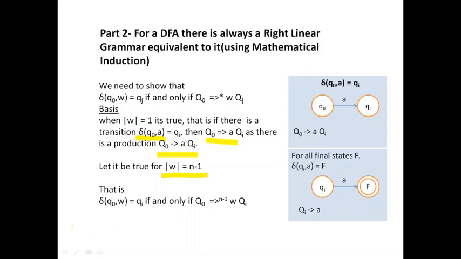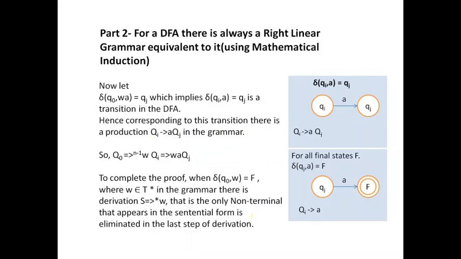According to our assumption, from Q0, the initial state, reading the string W, we reach Qi, and correspondingly using our right linear grammar, starting with the start symbol capital Q0, using n minus 1 derivation steps, we can reach a sentential form WQi. That is as per our assumption.